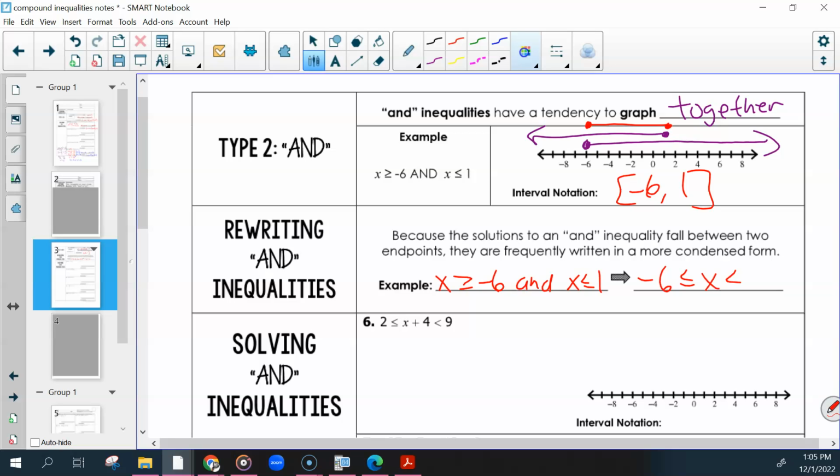X is going to be in the middle, another symbol, and then your other number. So they say the same thing, just one is more condensed. Questions so far before we actually use that to solve?